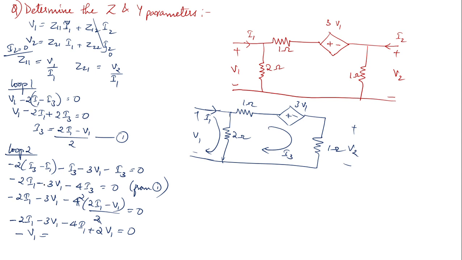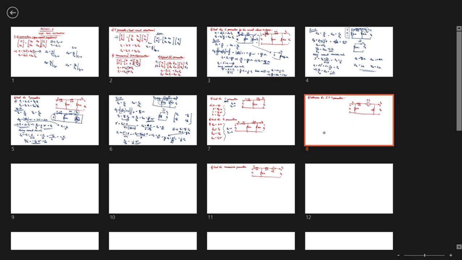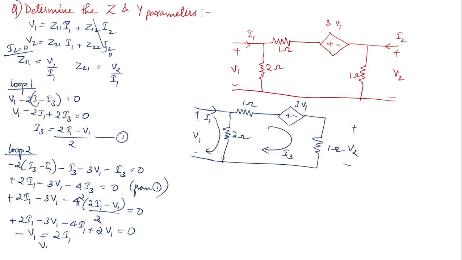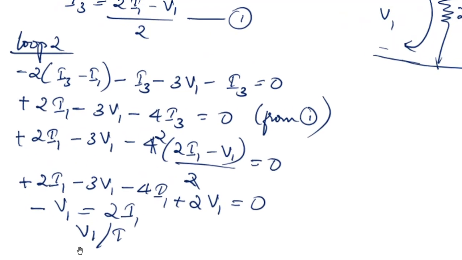I think I have got some calculation mistake over here. It's minus 4. Oh, here it is plus. So that is plus 2I1, right? So you have minus V1 is equal to, here you have minus 2. If you're taking to the other side, it will be plus 2. So you have V1 by I1.